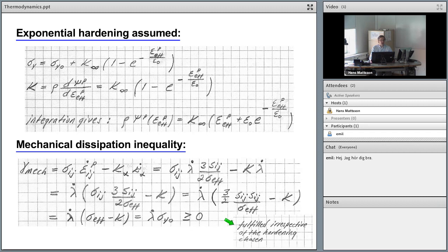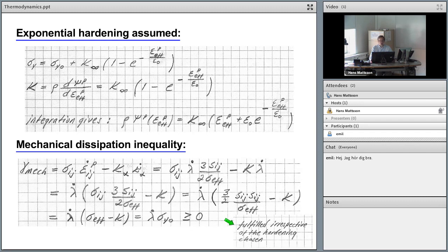That's why I give this lecture every time we have this course. I know about cases where people have made very good constitutive models, but they are not fulfilling the second law of thermodynamics.